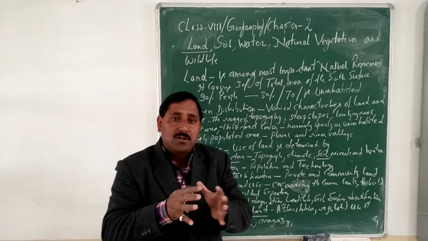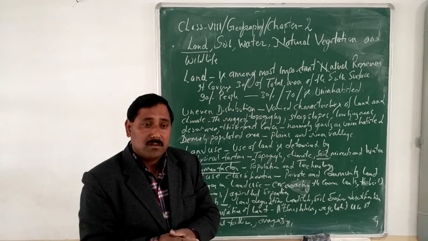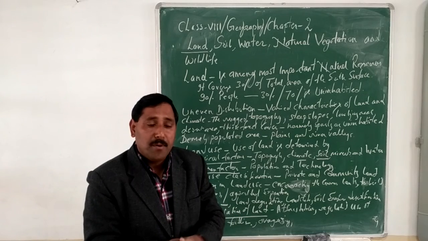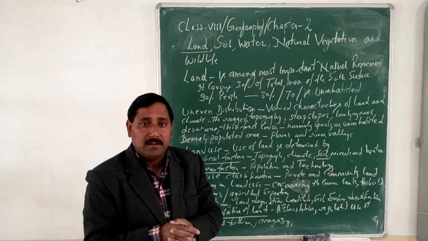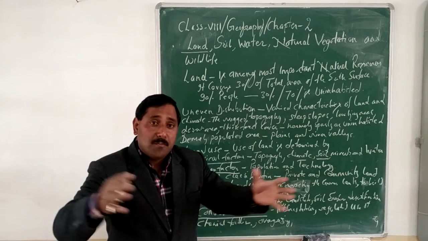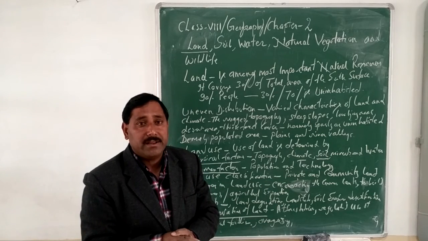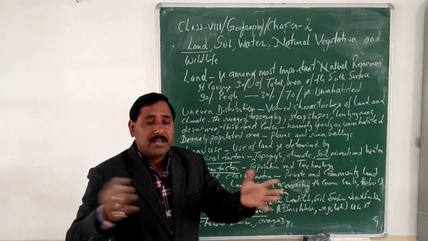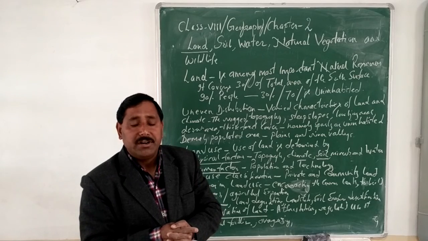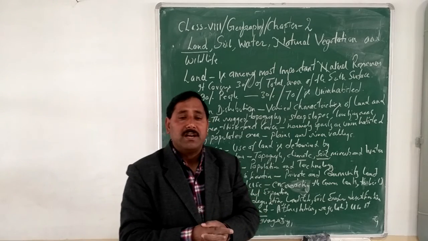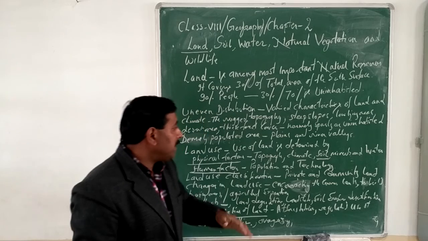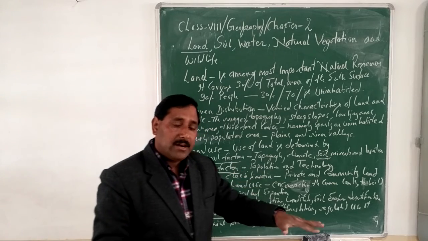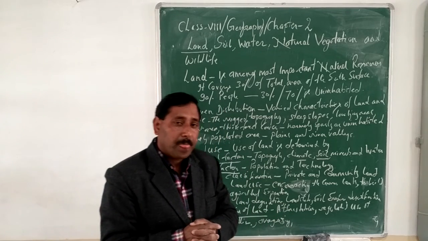There also it supports more population because a lot of mineral resources are available. People are attracted towards that. So a large number of industries you will find in that area, whether it is iron and steel industries or cotton textile industries, all you will find in the Deccan part of the country.